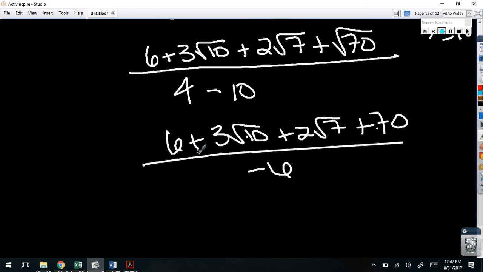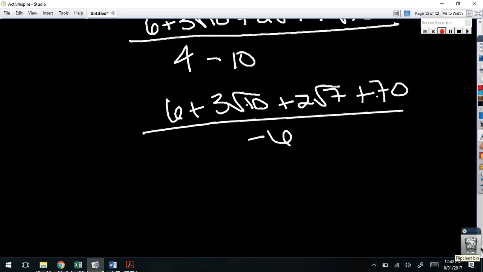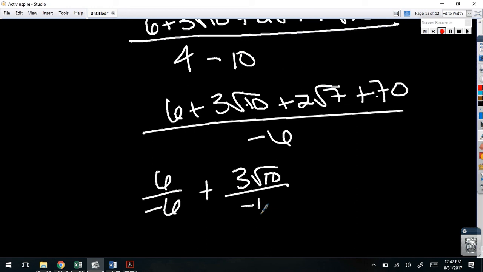This 6, if you think about your rules of fractions that I hope you do remember, when you have multiple parts in the numerator like that, I could rewrite it this way. And then it'll just cancel itself out.